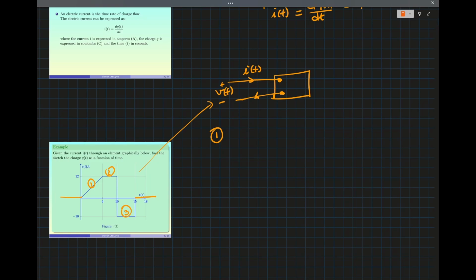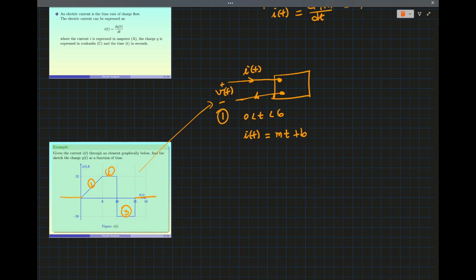We have a straight line, so I of t is going to be in the form of mt plus b, where m is the slope. This is for 0 less than t less than 6. That's section 1.